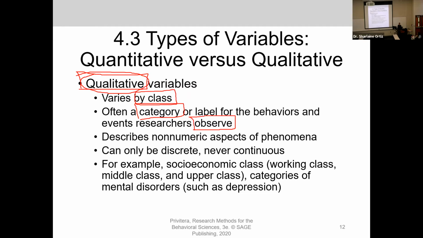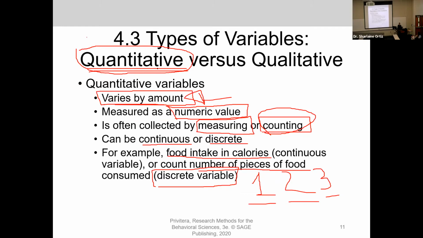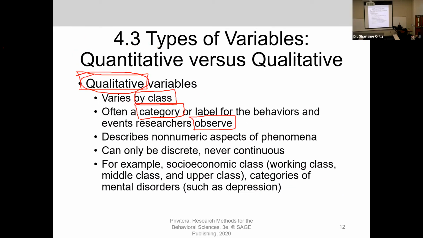And if quantitative means quantity in numbers, that means that qualitative is not. It's interested in describing non-numeric aspects. Because it's a category, right? It deals with categories. That means it can only be discrete.